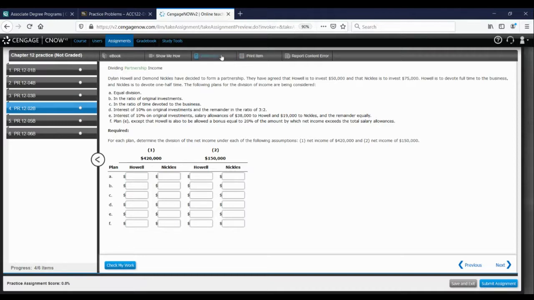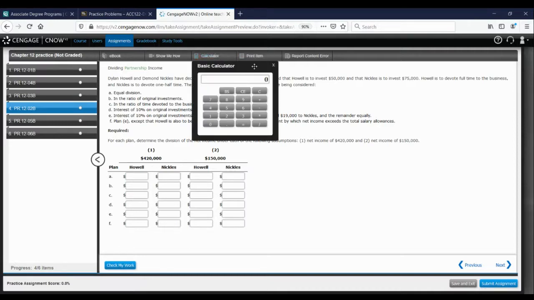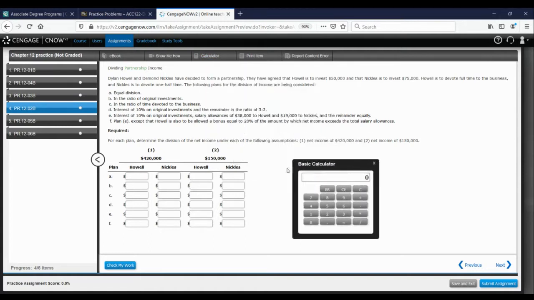So you simply take the net income of $420,000 and divide it equally. Since there are two partners, we're going to divide this by 2.